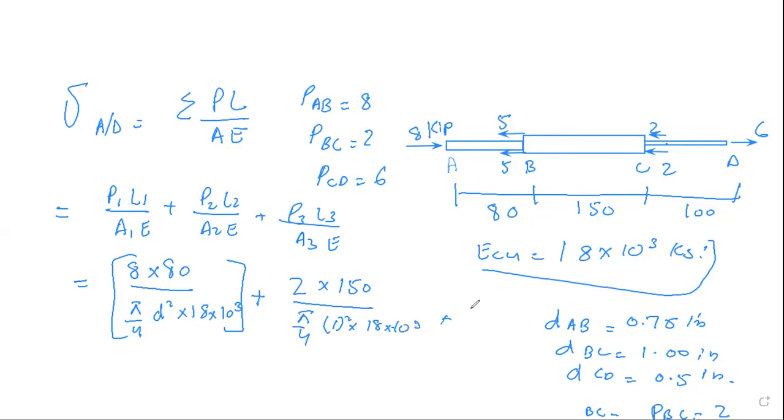Respectively for the third one. Here the direction of PAB is like this, and PBC is like this, so here we put the negative value. Then plus, the last one is 6 into 100, the length of the member, divided by pi by 4 times 0.5 squared and the value of E, 18 into 10 raised to the power 3.